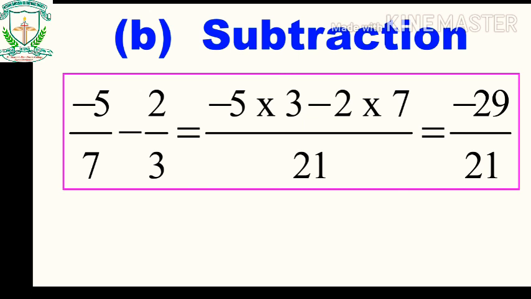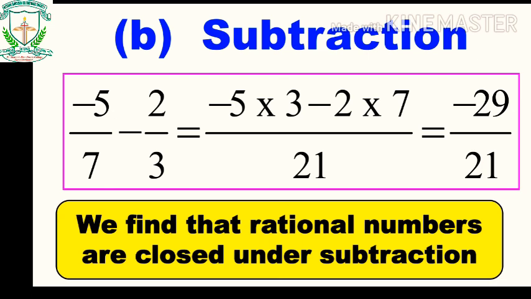So we find that closure property holds good, or we can say that closure property is true for subtraction in case of rational numbers. We find that rational numbers are closed under subtraction.